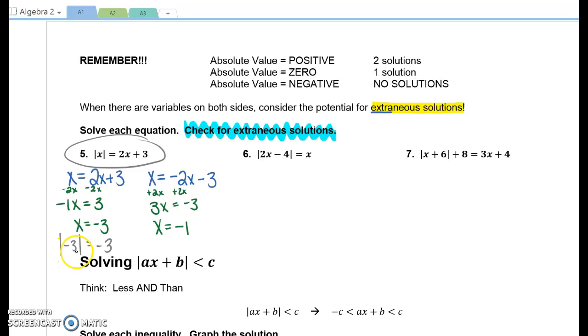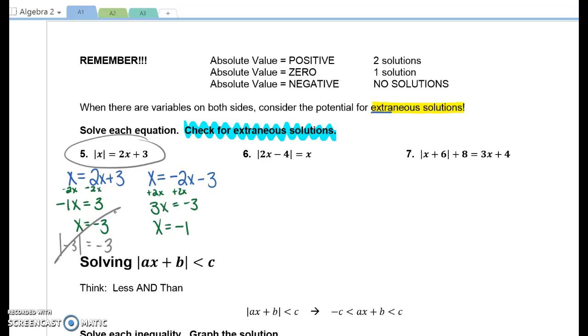Is the absolute value of -3 equal to -3? No. So that is an extraneous solution. Cross it out. So particularly when you get negative solutions, you really want to make sure you check. This negative solution creates a negative number on the right side and absolute value can't equal negative.